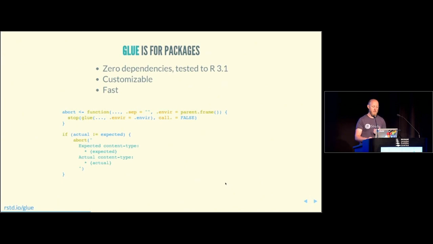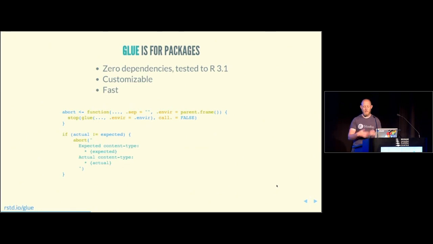An example of this is creating an abort function, which is useful for customizing error messages and providing more information for your users when there's an error. In this example, it's doing an HTTP request, and the content type that we got back from the request is different than what we were expecting. So we can create a simple template here and return both the expected content type and the actual content type as an error.